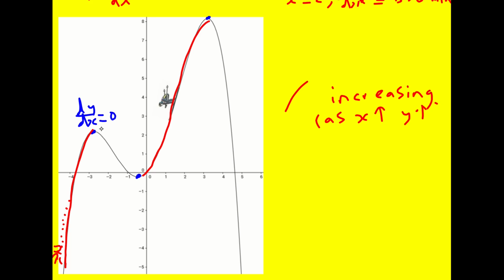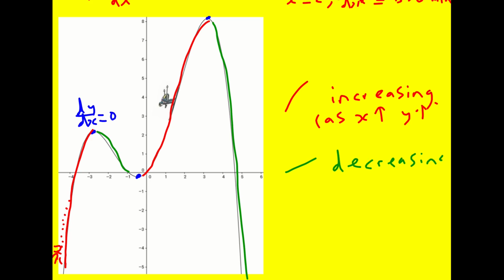Okay, the opposite happens here in green. It's decreasing. As x increases, y decreases. And how can we determine these things?